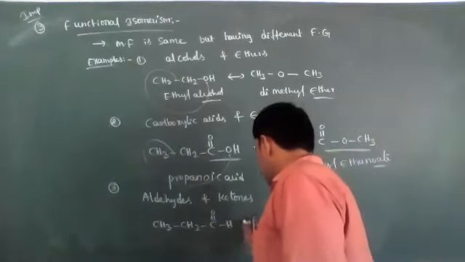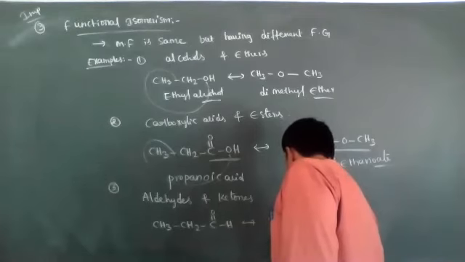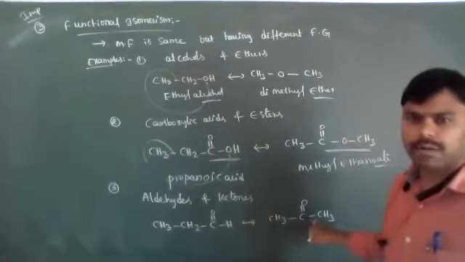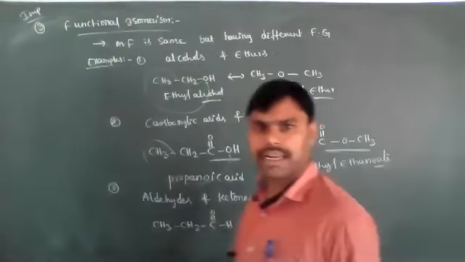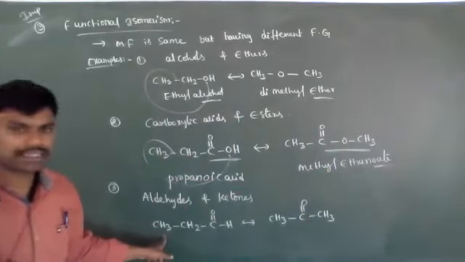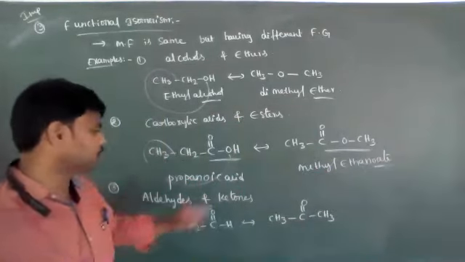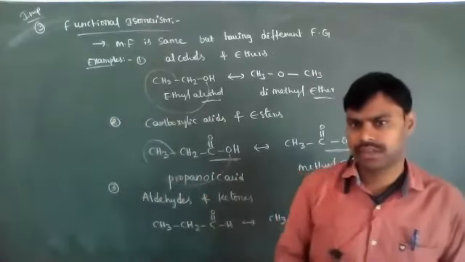The related ketone is CH3-C(=O)-CH3. Acetone we got. So what is the relation? Dear students, this is an aldehyde, this is a ketone. So both belong to functional group isomers. So aldehydes and ketones are functional group isomers.